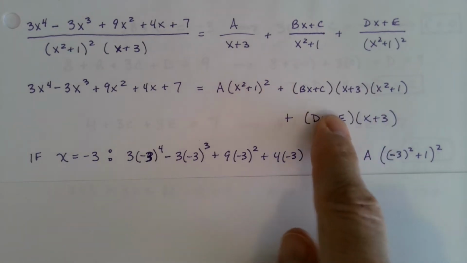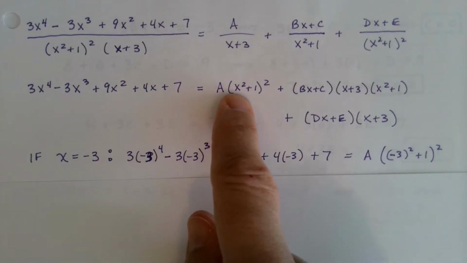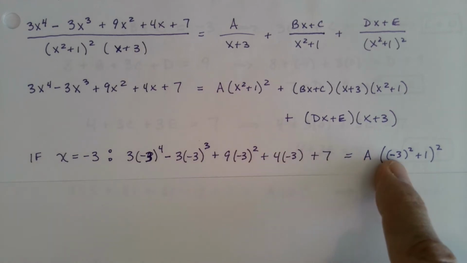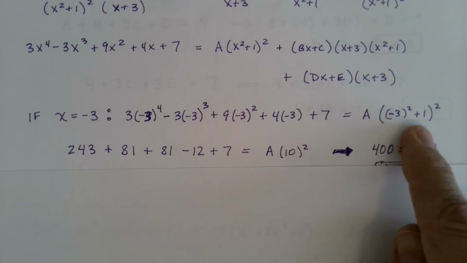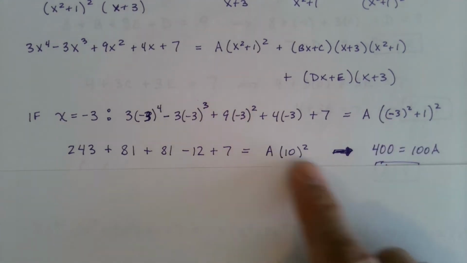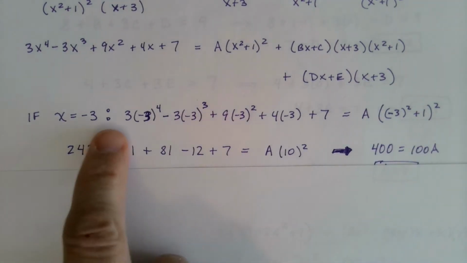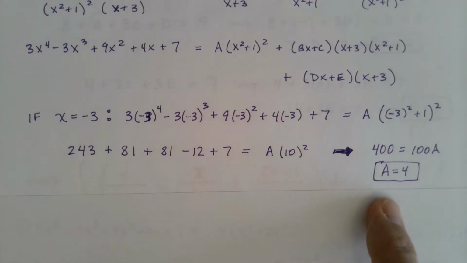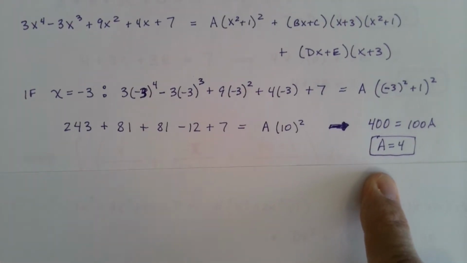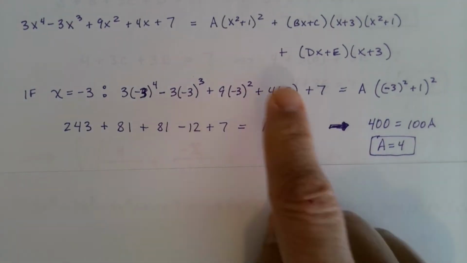So these two terms are 0, and I just have a times negative 3 squared plus 1 all quantity squared. So if I clean this up, this gives me 9 plus 1 is 10. 10 squared over here, which is 100a. All this, if you evaluate it, becomes just 400, and so you get a is 4. So I've got one of my unknown quantities, a.